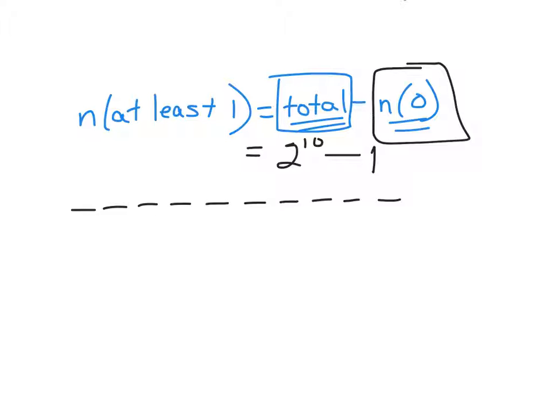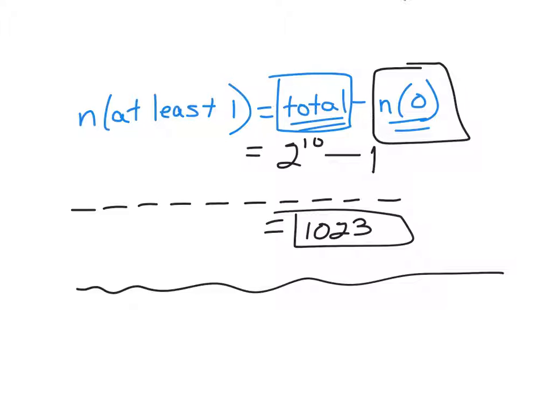Actually, 2 to the 10th is 1,024, so 2 to the 10th minus 1 would be 1,023. Okay, so there's you a little bit of a run through chapter 10.